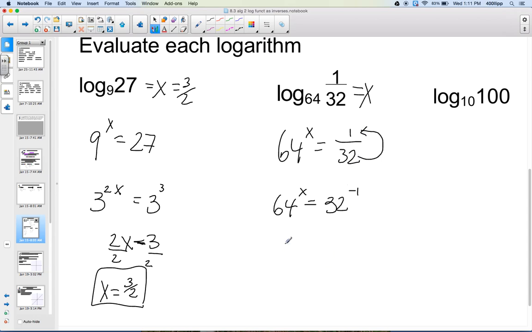Okay, so now I need to think of what can I make my values of x be. So I can say, all right, well, I can make both of them have a base of 2.